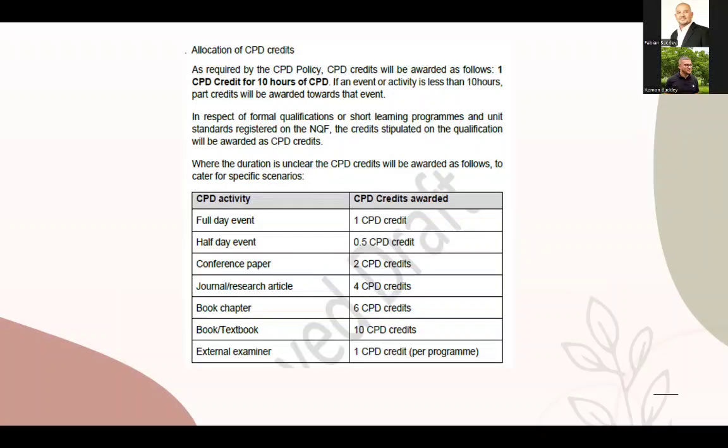Your half day event, 0.5, which is 5 hours, gives you half, right? And then all the other different activities, I'm not going to highlight too much on that because that's a little bit unattainable for certain people, and I don't want to make it too complicated for you. Let's just keep it simple and basic for you to get your evidence accepted.